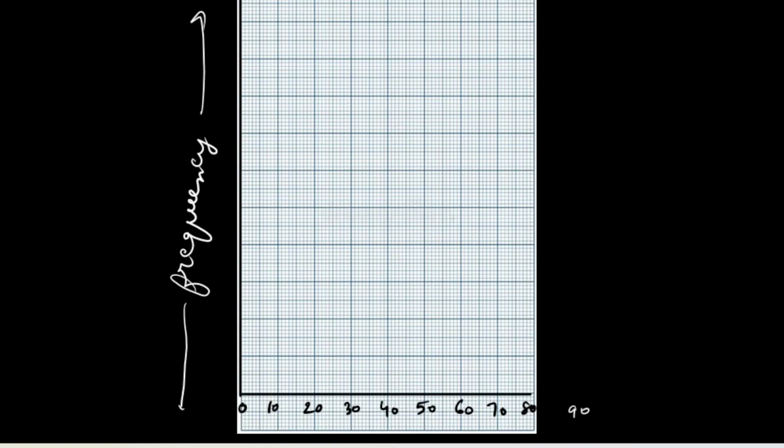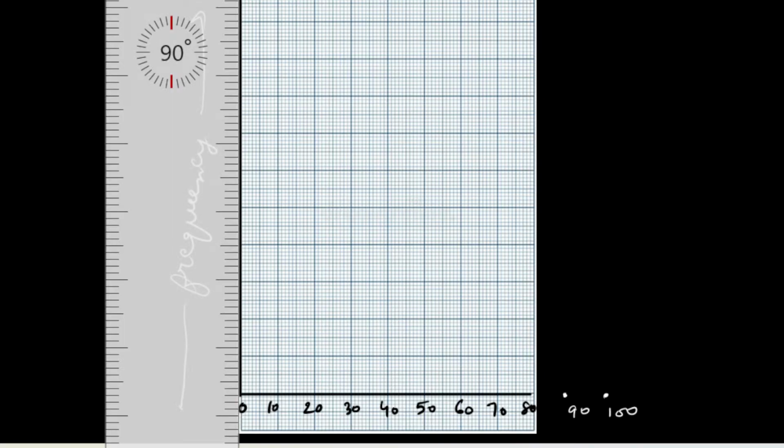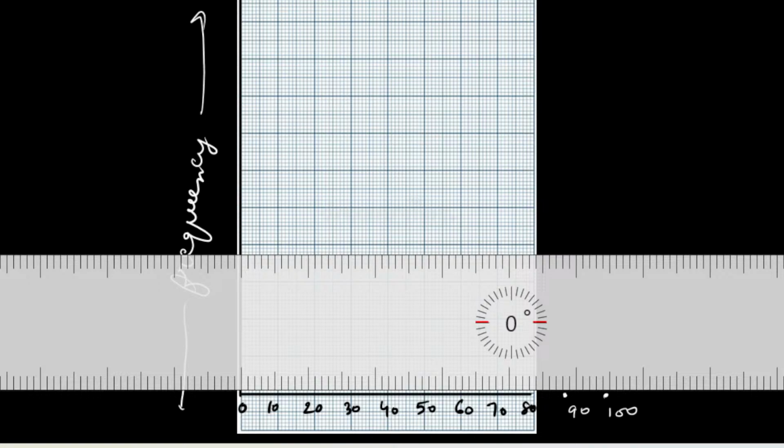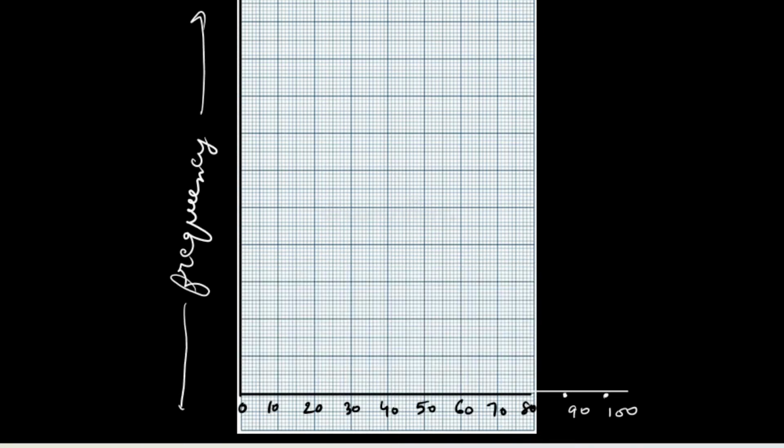Might not be very accurate, but since you are drawing it along with me, you can see the values. So I've just written the class intervals. The same class intervals you have to write along the x-axis, whatever intervals are given to us.